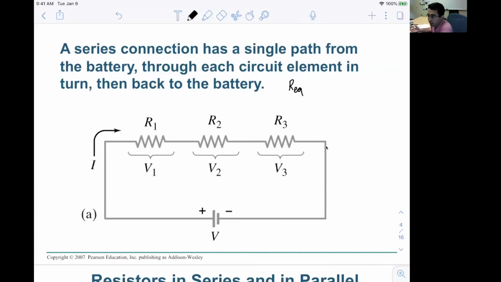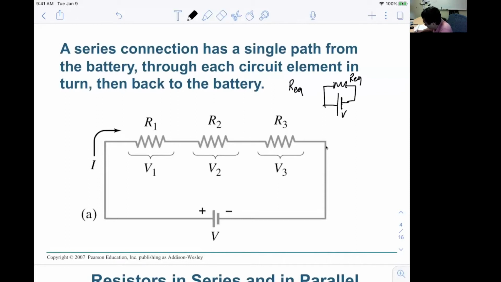Let's find how you can find this in terms of R1, R2, and R3. We'll have the potential and R equivalent. You try to reduce the representation of this complex circuit into a simpler one.